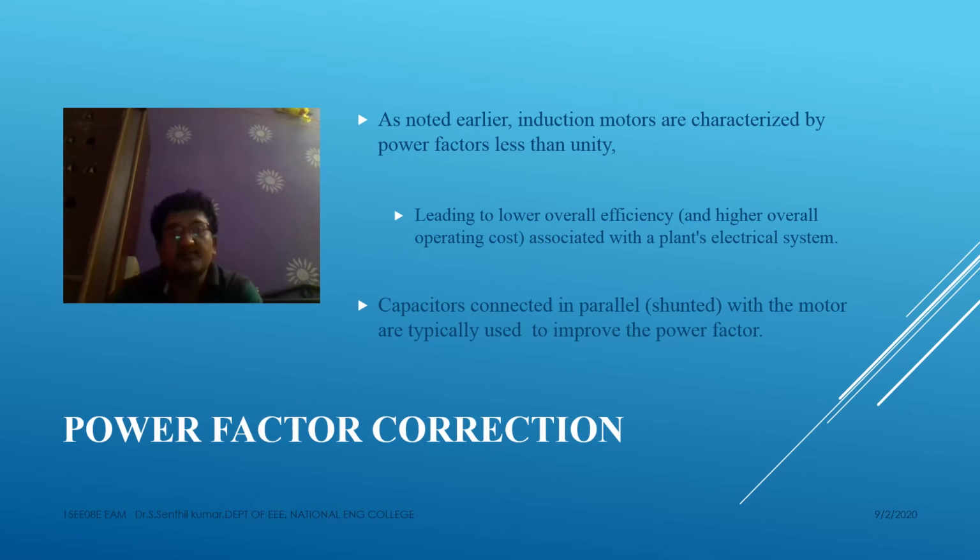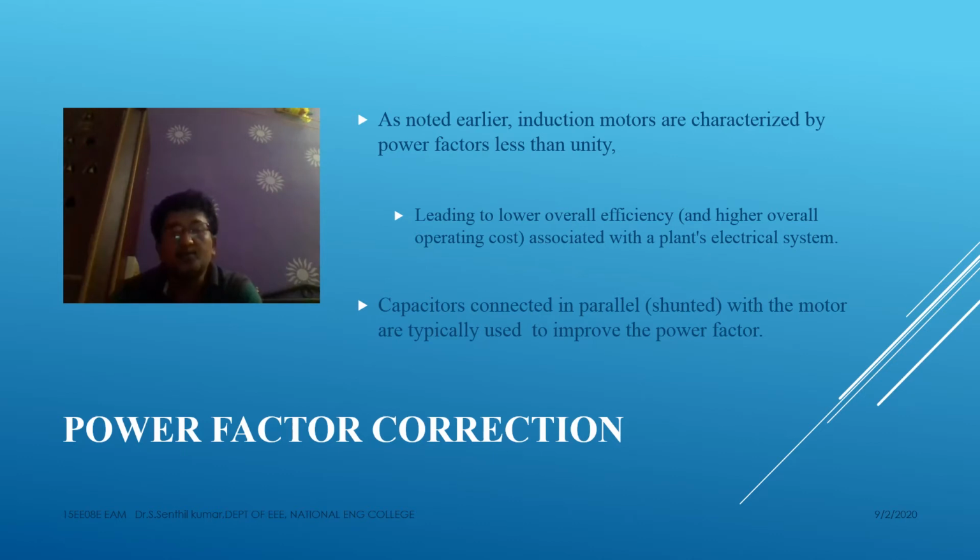And next is power factor correction. Regarding power factor correction, we have already discussed it in course outcome 1, and many things were covered. All induction motors are characterized by a power factor less than unity.